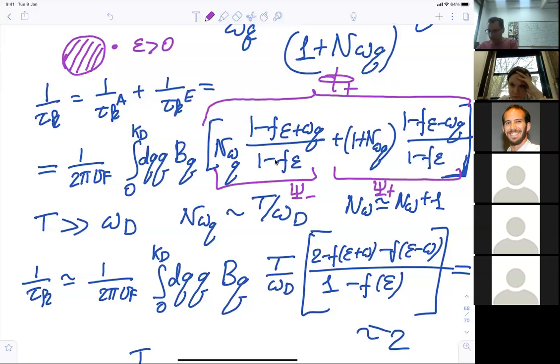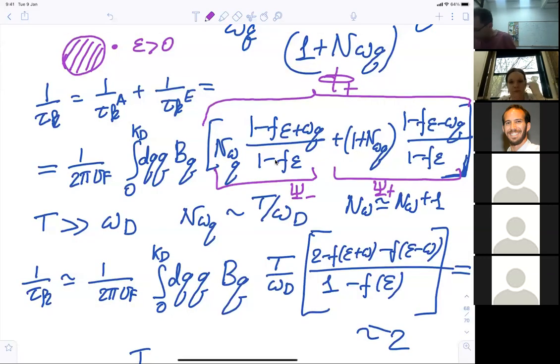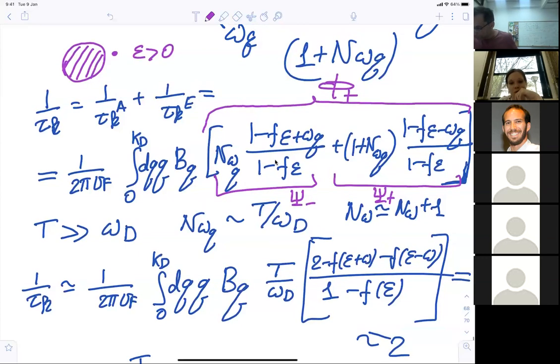The second term, the psi plus? Correct. So the first term now drops because there are no phonons. In the second term, this thing also drops, but one survives. Moreover, we decided that epsilon is positive and bigger than temperature.